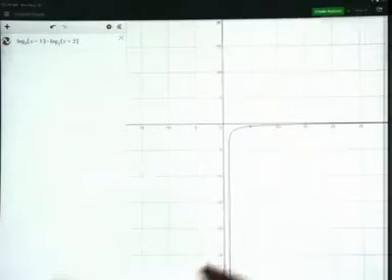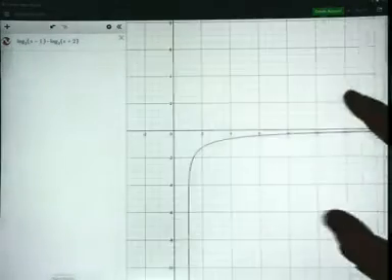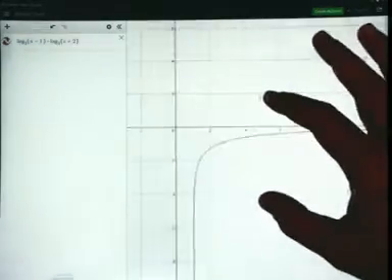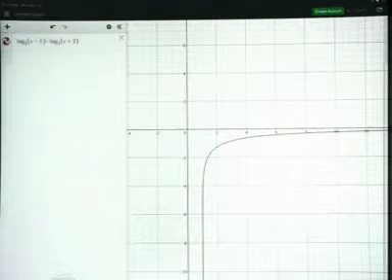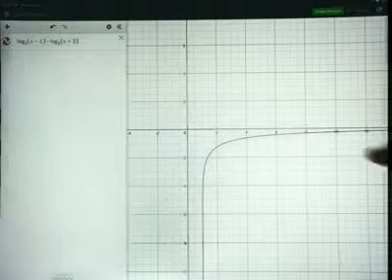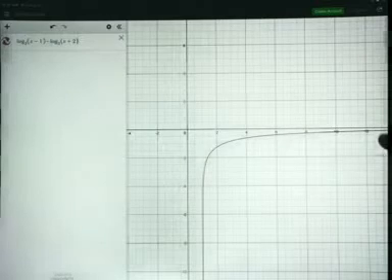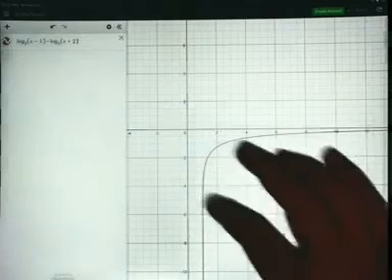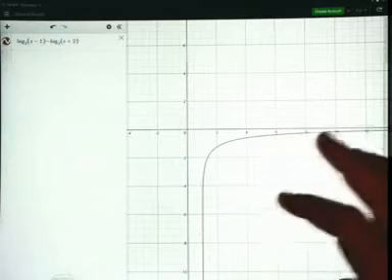Now, look where that logarithm exists. It exists below the x-axis, so all the output values are negative.